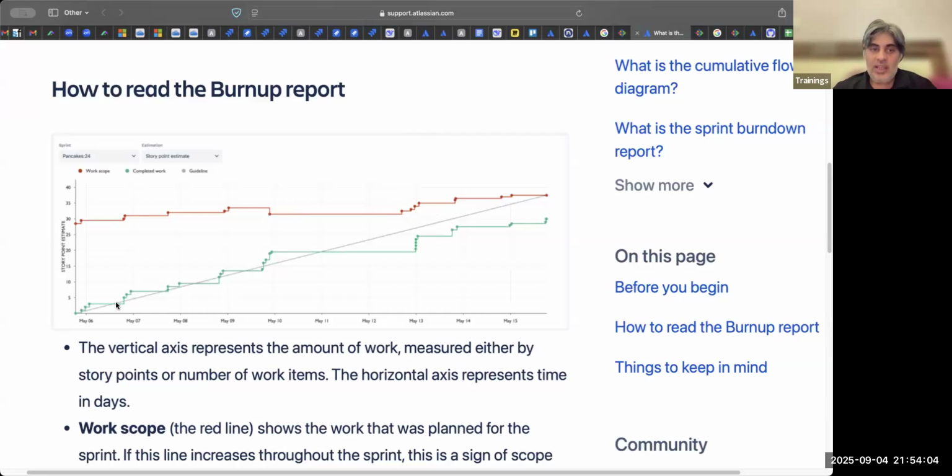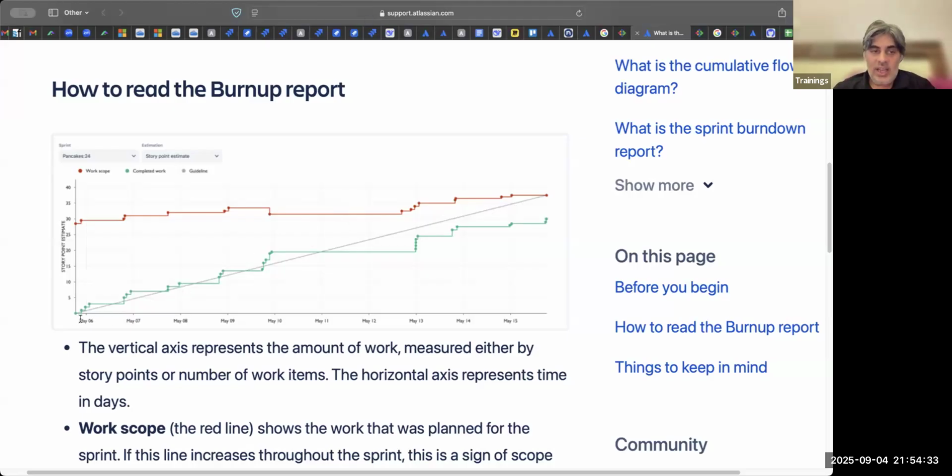So typically, if you look at this gap, the gap should close down as we move along this x-axis. On day 1, the gap should be at its maximum, and then the gap should close down. In this case, if you look at the last day, the gap is still there, and you can explain this gap, which is, I think, 5 or 6 points, because few things were added.